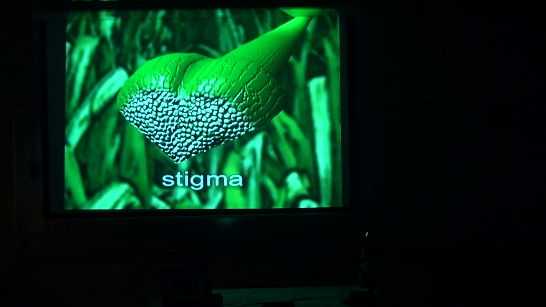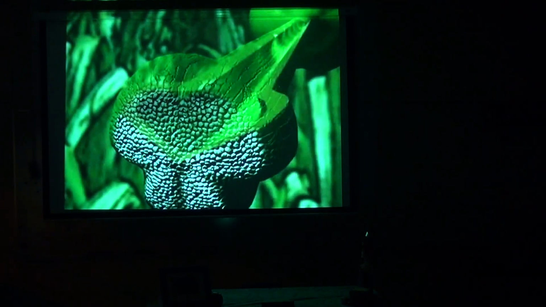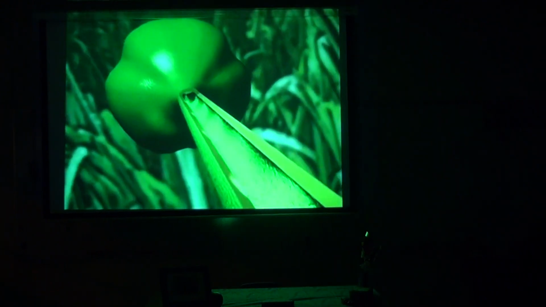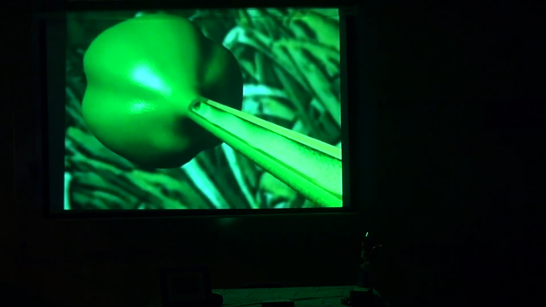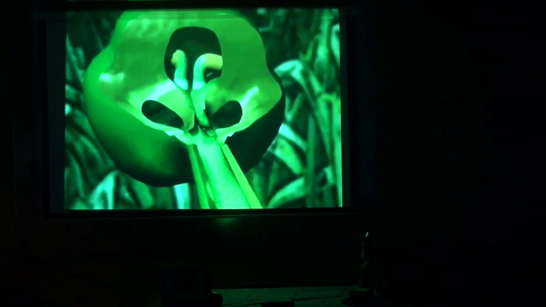The 3 carpels are fused together, forming one stigma and a style with a central canal. The base of the canal leads into each of the 3 ovaries.